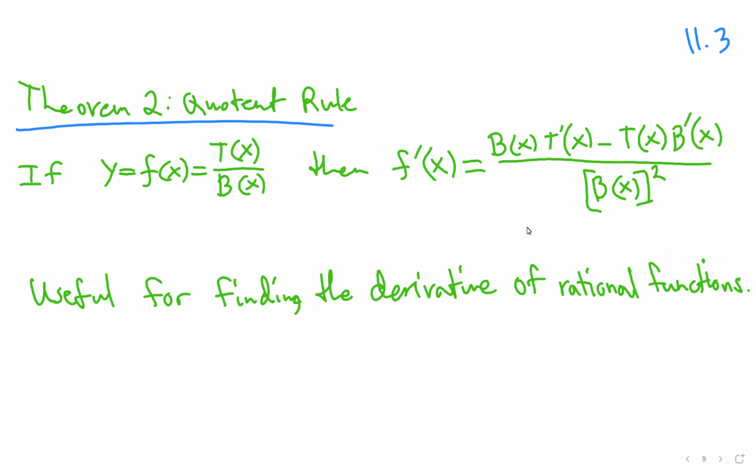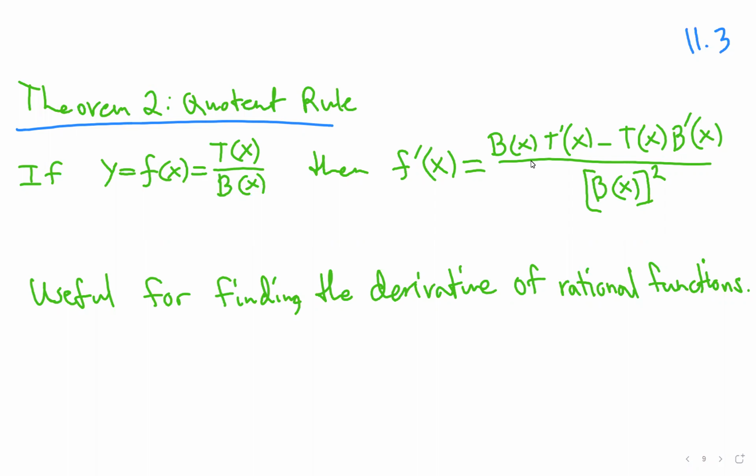This can be somewhat tricky to remember the order, because potentially if you do what you're thinking of with the product rule and you end up switching where the top and the bottom have their derivatives in this top part here, you can end up with the negative of the result that you actually want.